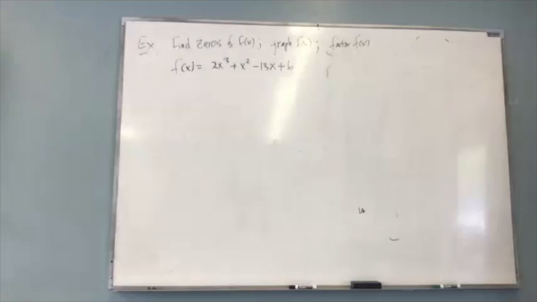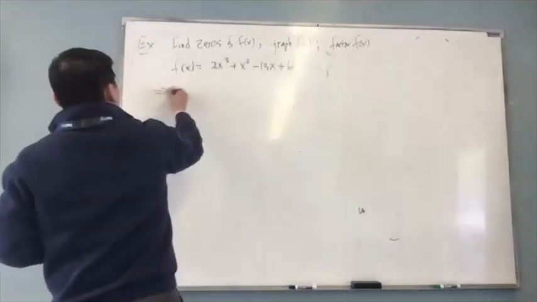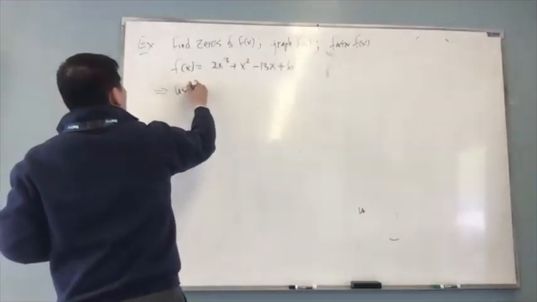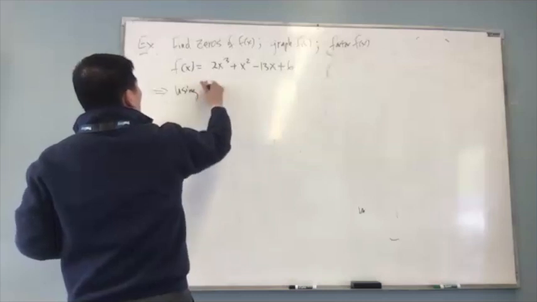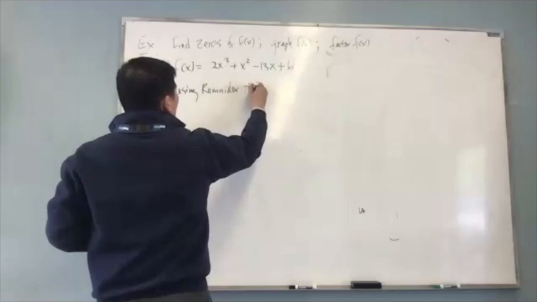And then it says graph, a factor, what we just did. So in many ways, it's possible that we will simply go through this using the remainder theorem.